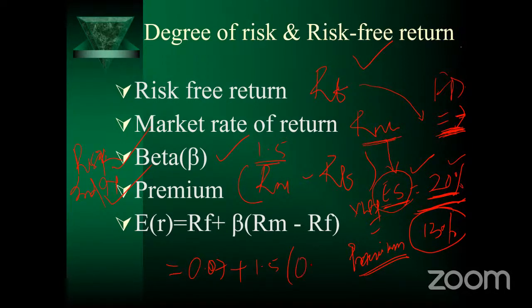RM is 20%, so it is 0.2, minus the risk-free rate of return, 0.07. If we solve this, the result you get is known as the expected rate of return. You solve and tell me what your expected rate of return is.